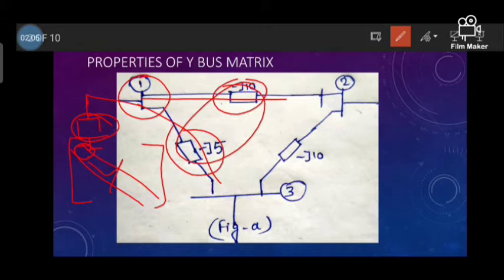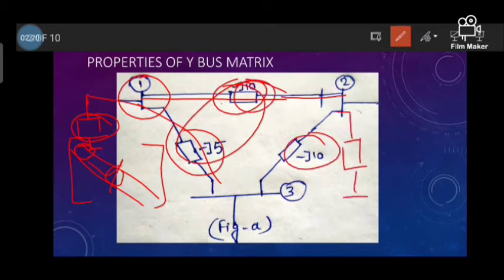Like that, if you want to find y22, then add all the admittances connected to bus 2, means add that bus plus that bus, and if the admittance between line and ground is present, then that is also added to this and this.